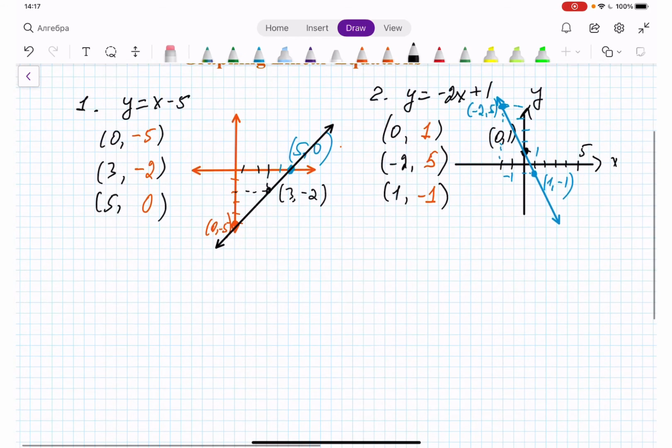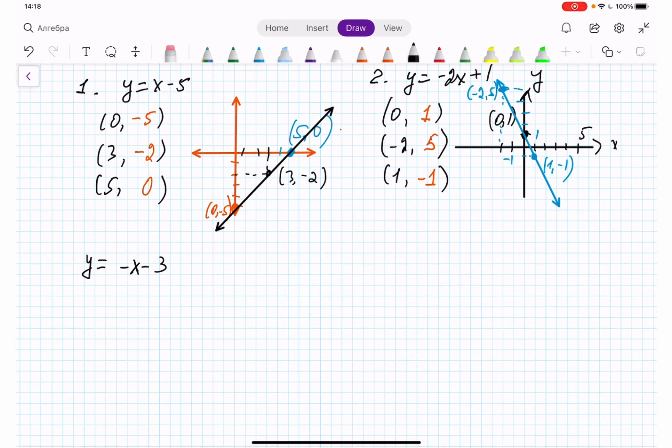Question number 3. So y is equal to negative x minus 3. All right. This one is pretty easy. We can take 2 points. You can take any 2 points in this case.